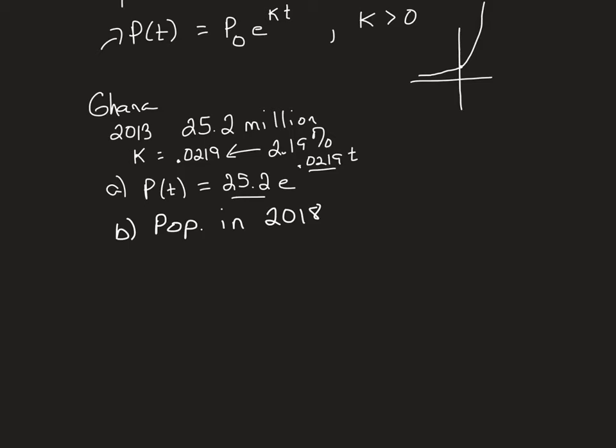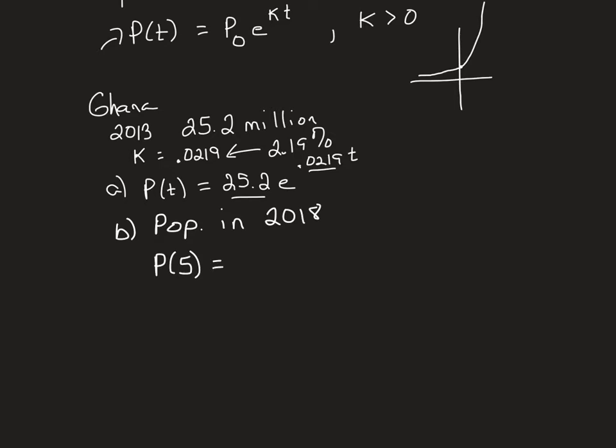Okay, next I want to estimate the population in 2018. So I've got to figure out how far away that is from 2013. 2018 minus 2013 is 5. So I'm looking for the population when time is 5, because we're talking about 5 years.